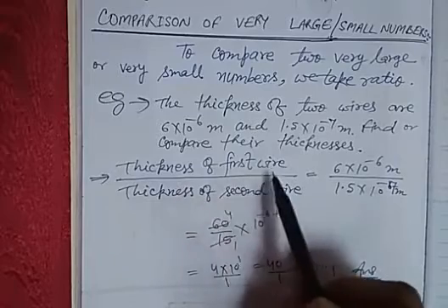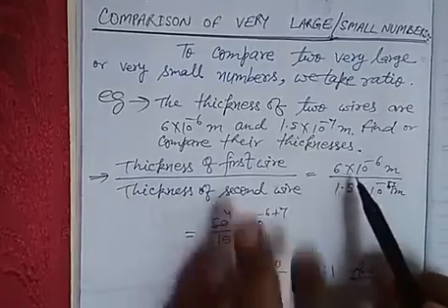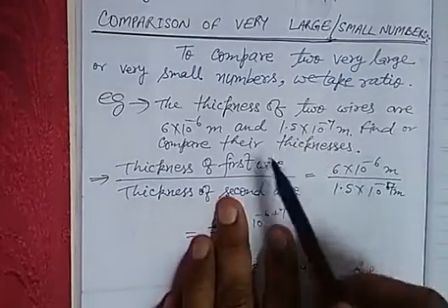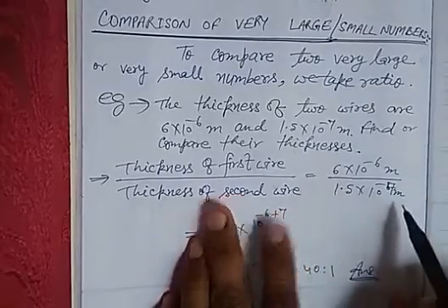Now, thickness of first wire upon thickness of second wire is equal to 6 into 10 to the power minus 6 meter upon 1.5 into 10 to the power minus 7 meter.